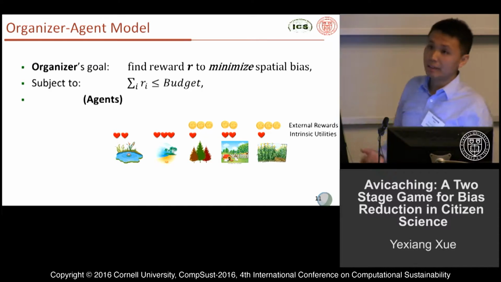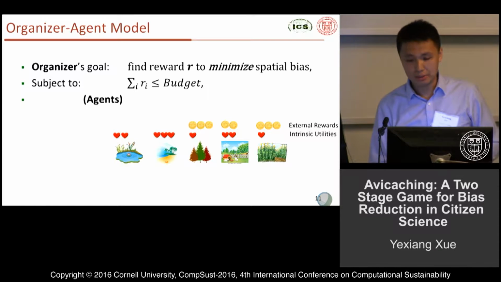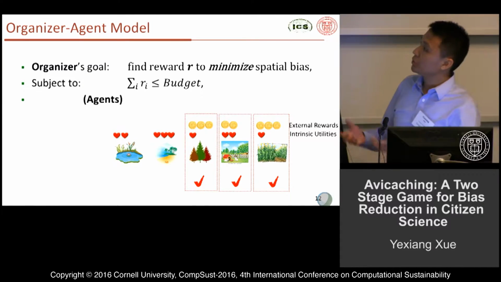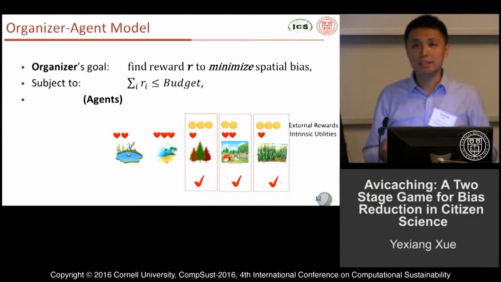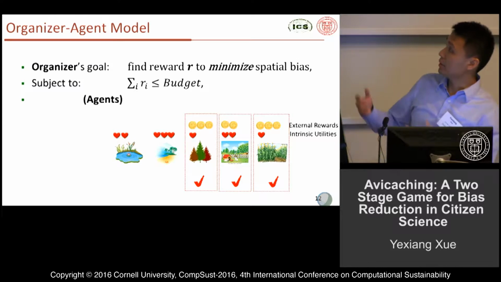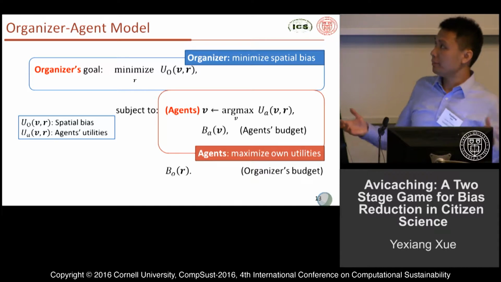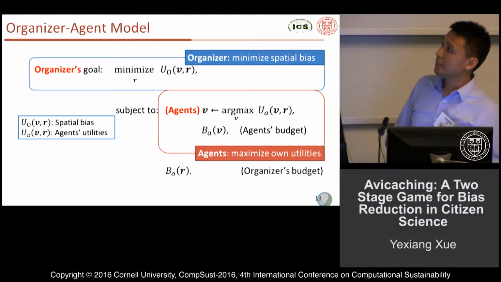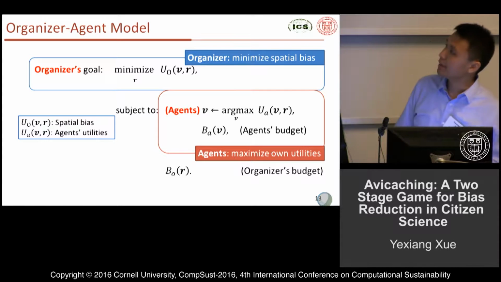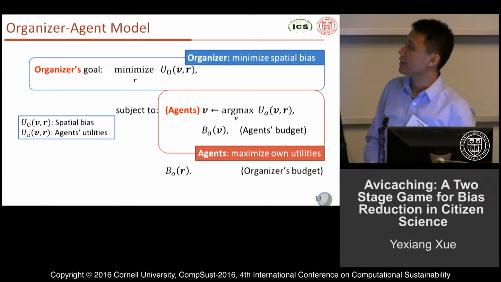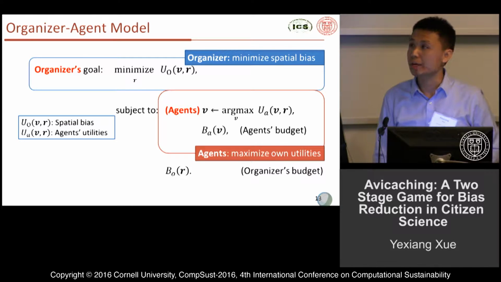And then we, as an organizer, offer some external incentives to some of the locations. And then the bird watcher will choose a subset of locations that jointly maximize their utility function after taking into account both intrinsic utilities and external rewards. On a high level, this is a bi-level optimization problem in which we have the organizer and agents. They both have their utility functions, and they are subject to their own budget constraints.